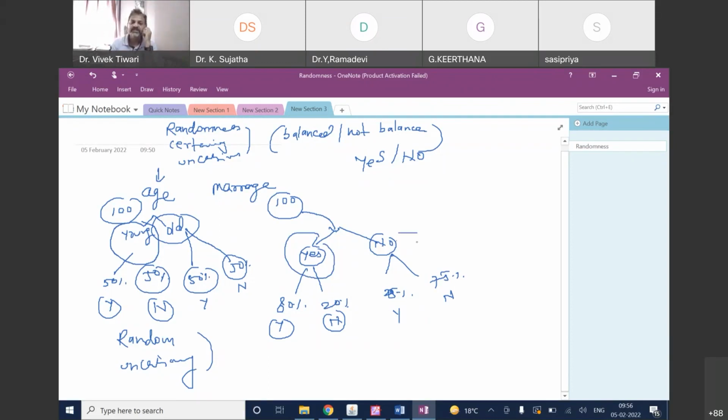Similarly, on the other side, no, it is also certain. It clearly says 70% will not purchase if the person is not married. It is again a very good situation where you are certain to say something. You are more confident to make your conclusion because there is no randomness, or better to say, less randomness. It is more certain.